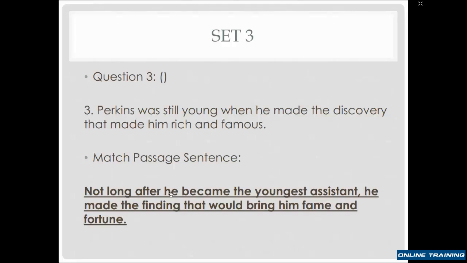Again, Perkins was still young when he made the discovery that made him rich and famous. So was he young when he made the discovery that made him rich and famous? Our sentence says, not long after he became the youngest assistant, so we see that he was young, he made the finding. Finding is a synonym for discovery. That would bring him fame and fortune. Fame and fortune is a synonym for rich and famous.